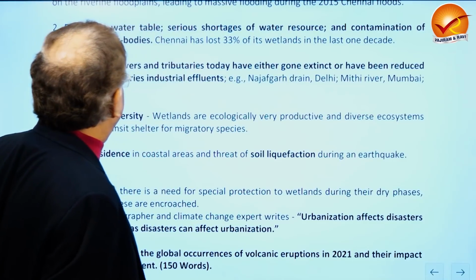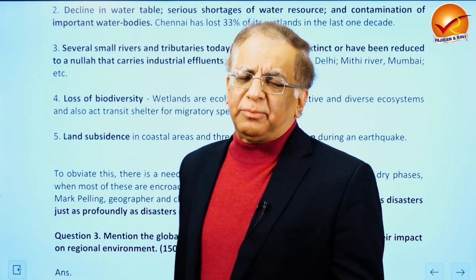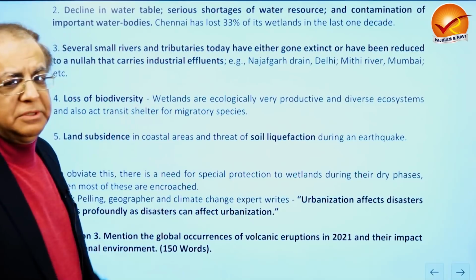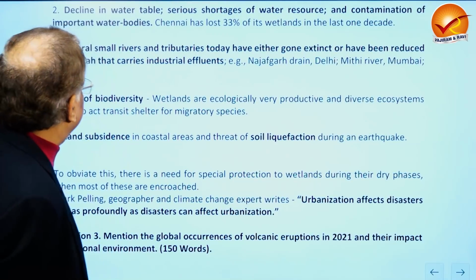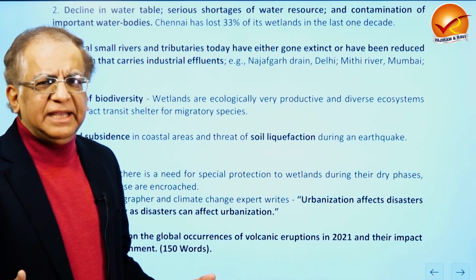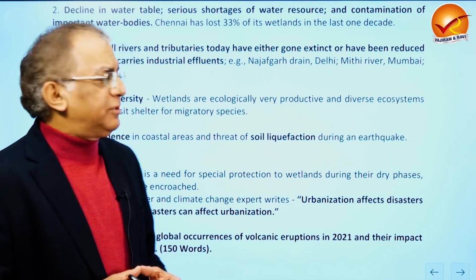Many of these small tributaries and water bodies have become extinct, or have been reduced to channels for industrial effluents. They are converted into what is called a nala. That is, a lot of industrial waste is being drained into it.